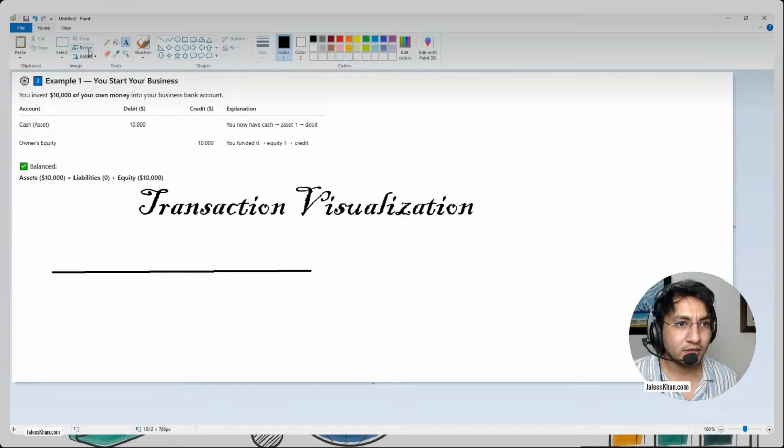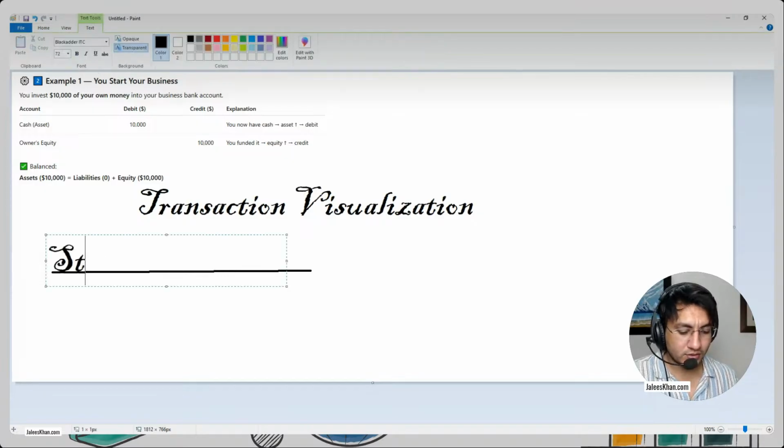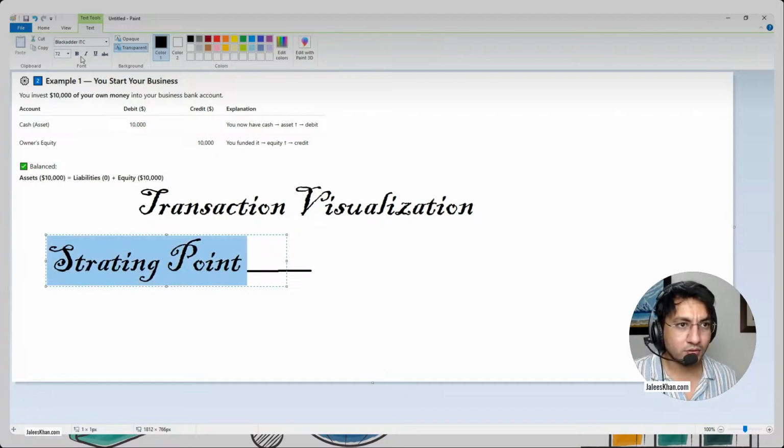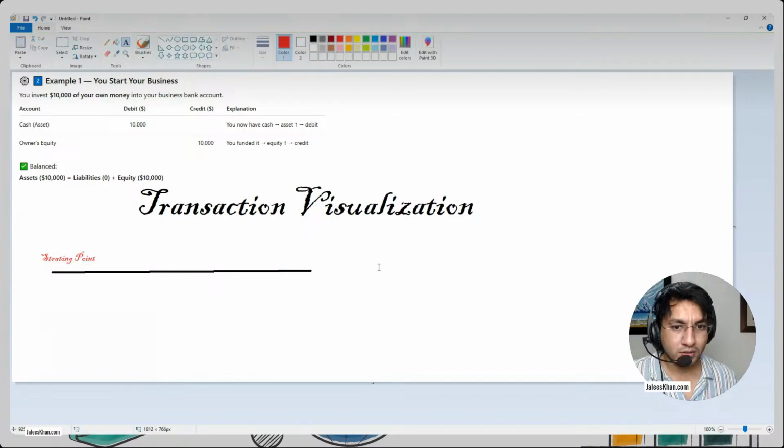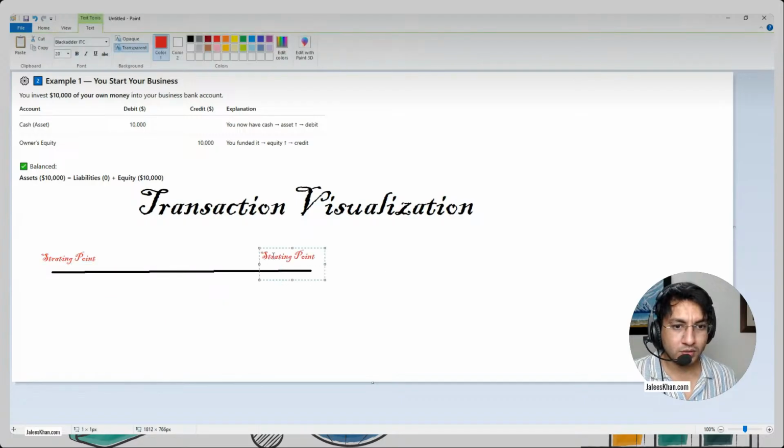It is the starting point of the transaction, and what is the ending point of the transaction?